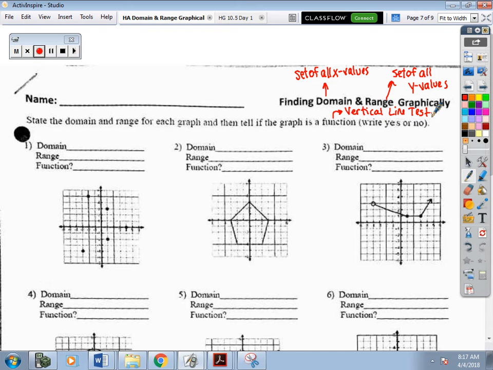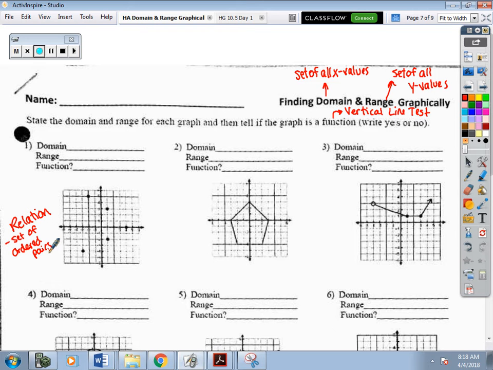Now the first one, I know it didn't copy very well on my board, but it's better on your paper, I think. These are just like a set of ordered pairs, like just scatter plots. This is actually called a relation, which is a set of ordered pairs. We probably learned that in chapter 1 forever ago.